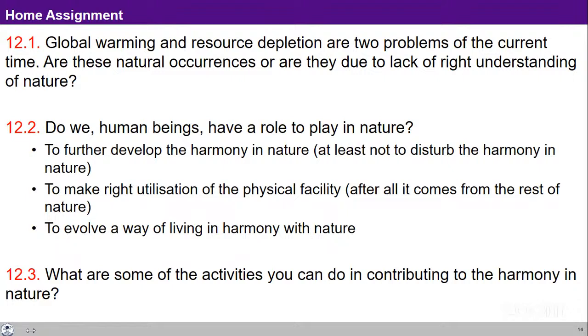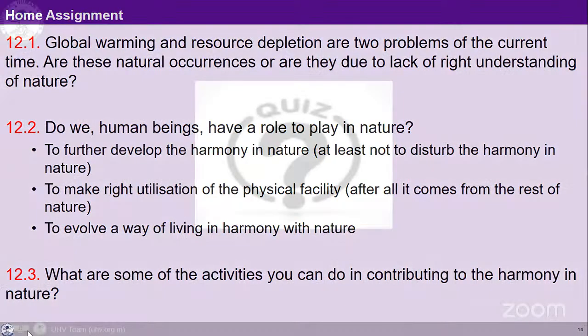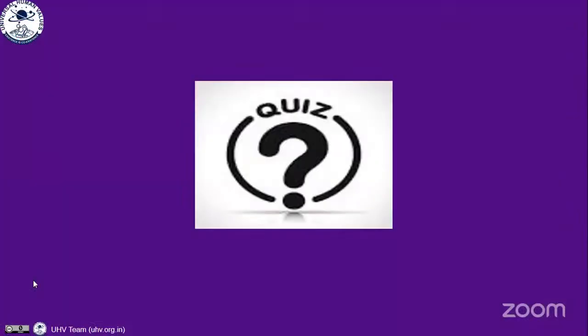Shall we move to the next session? So till now, we were discussing harmony in all the four levels. Now we are going to the sum up of this student workshop session. Let me take that slide.